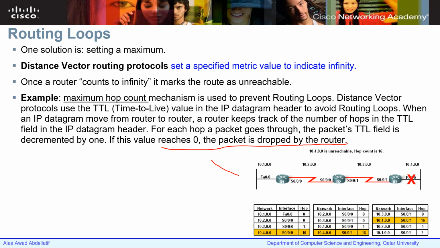Okay? And instead of removing this row from the tables and then by mistake adding it again after receiving these updates from other routers, I will keep it and set a maximum number of hops. Okay? This is the first method to avoid routing loops by setting a maximum.